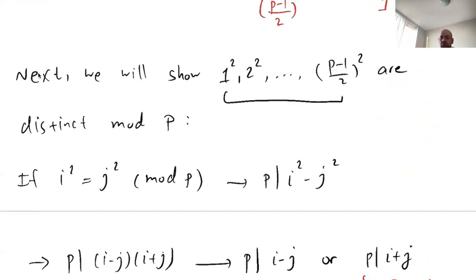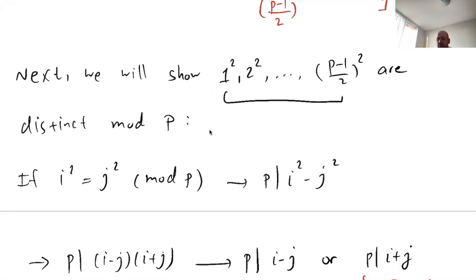So that means 1 squared, 2 squared, up to ((p minus 1)/2) squared are distinct. So 1 squared and 2 squared are distinct because 1 and 2 are different, right? And then 2 squared and 3 squared are distinct because 2 and 3 are distinct, and 1 squared and 3 squared are also distinct because 1 and 3 are different, and so on. So here I have a list of (p minus 1)/2 distinct numbers.